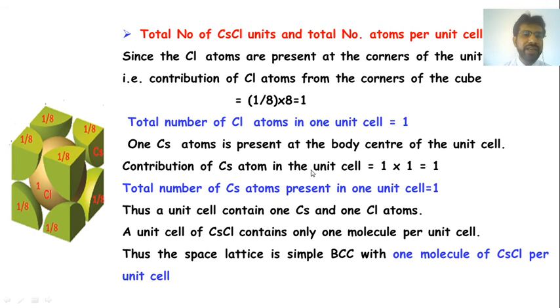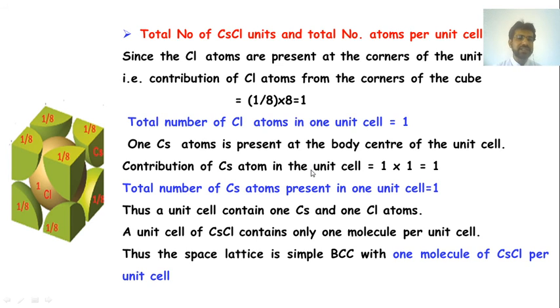Similarly, in case of the Cs atoms, there is only one Cs atom present at the body center of the unit cell. Therefore, its contribution in this unit cell equals 1. Therefore, we can say that the unit cell contains only one Cs and only one Cl atom. Thus, a unit cell contains only one molecule of CsCl.